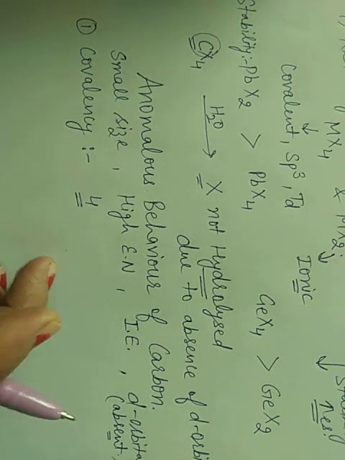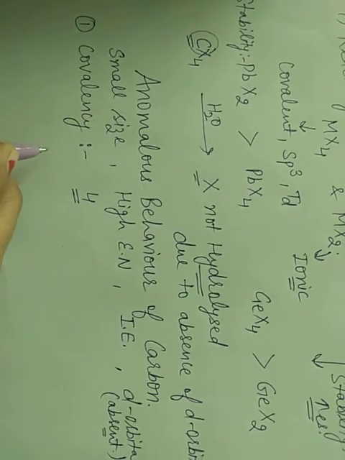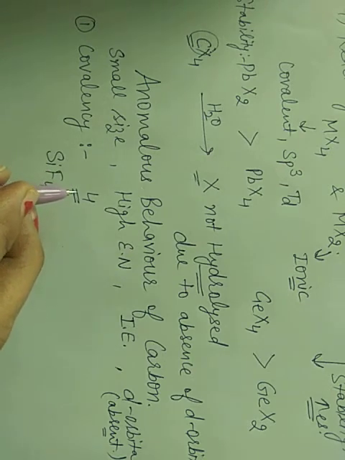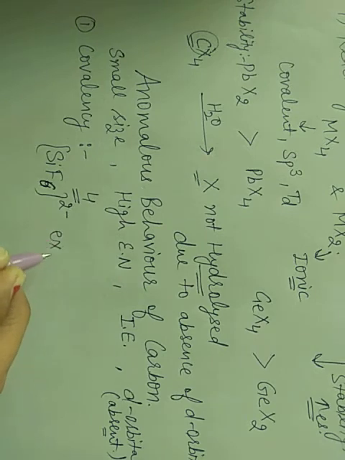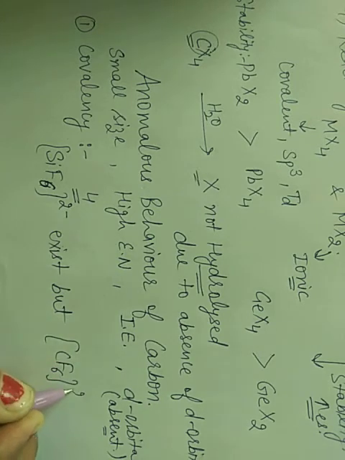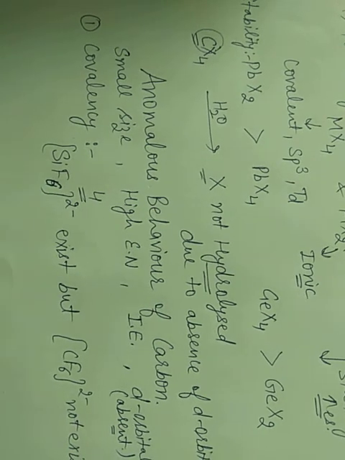So one question arises from here: SiF4 exists, SiF6 2 negative exists, but CF6 2 negative does not exist. What is the reason behind this?